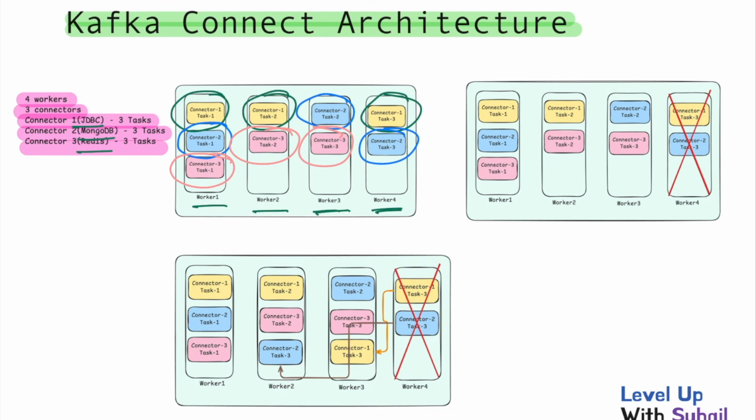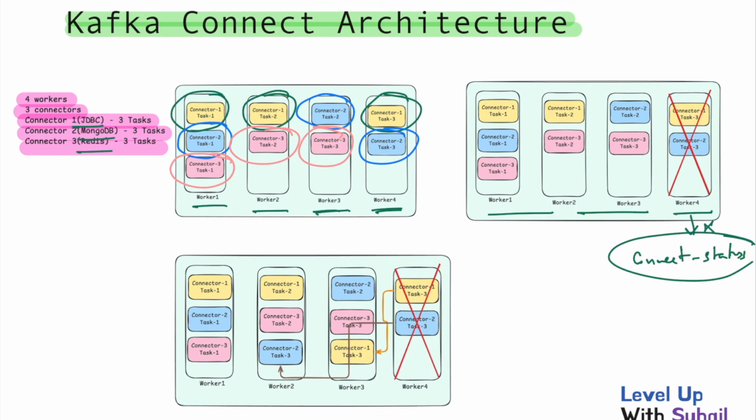Now Kafka would trigger a rebalance. But how would it trigger the rebalance? It would do so via the connect status topic. This worker has not published its heartbeat at the periodic interval, so all the workers would know that something is wrong, that some worker is down, because this worker's status is quite old and not updated.